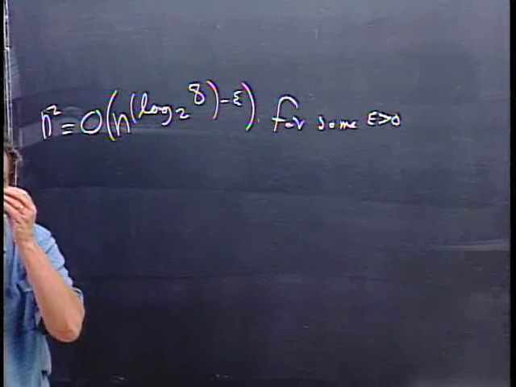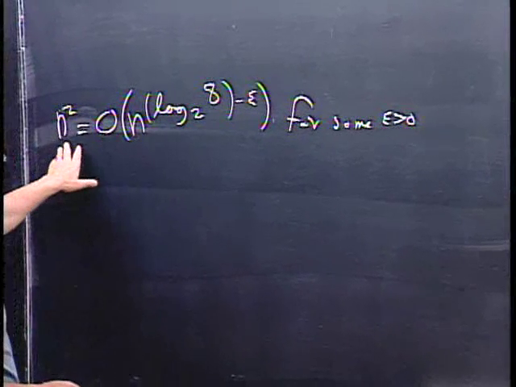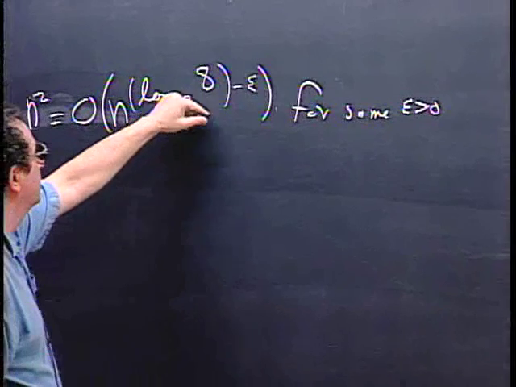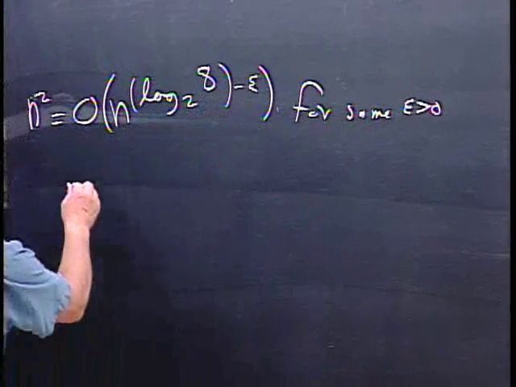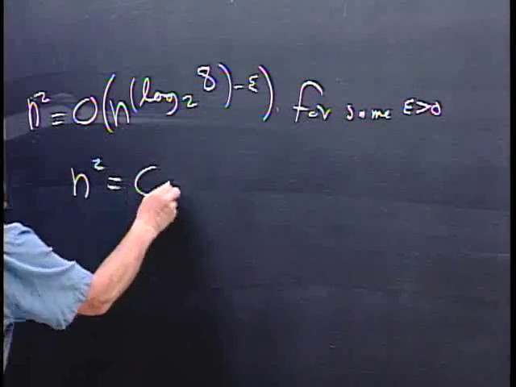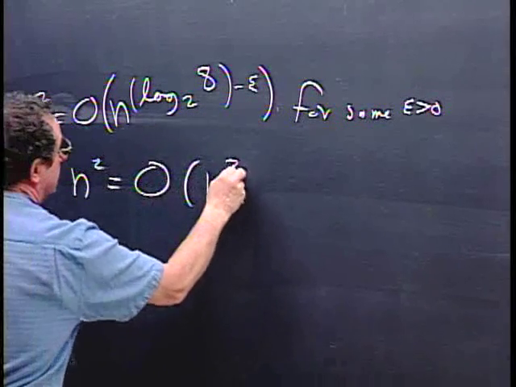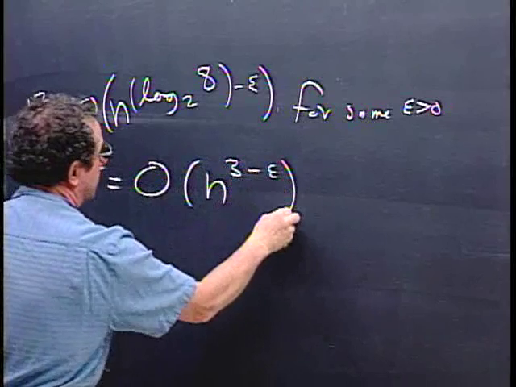Yeah. Okay. Thank you. N squared is big O of n to the log base 2 of 8 minus epsilon for some epsilon bigger than 0. So n squared is big O of n cubed minus epsilon.